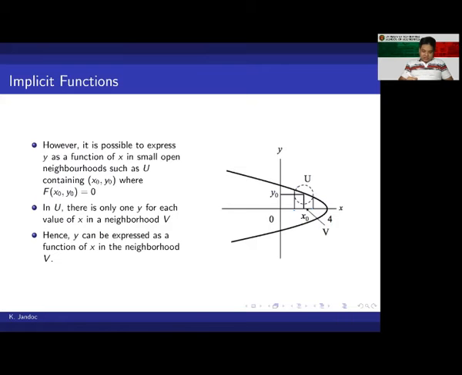So at least in this restriction, in this ball, if you have one x, call it x naught, there's only one associated y over here, y naught. So in this neighborhood, v, defined by this small slice over here of x, this is v, we can define y as a function of x.